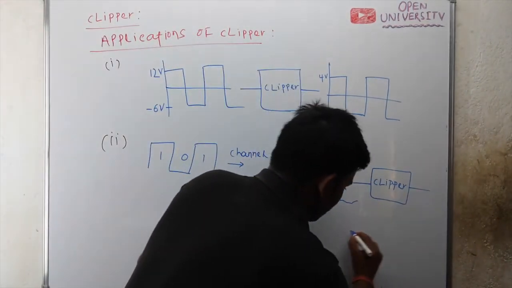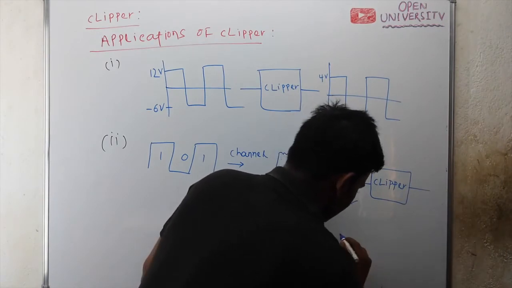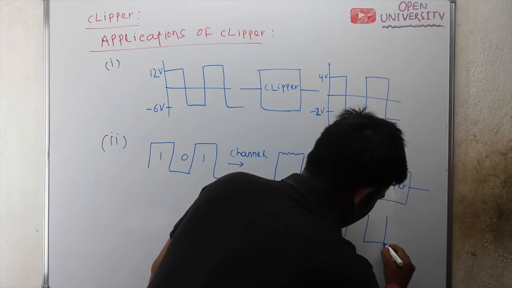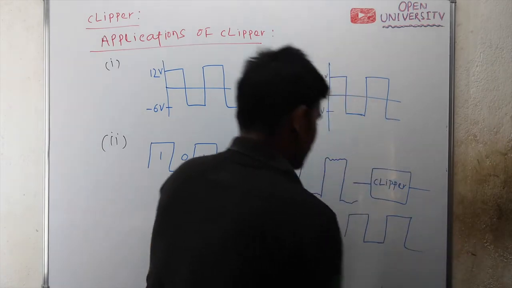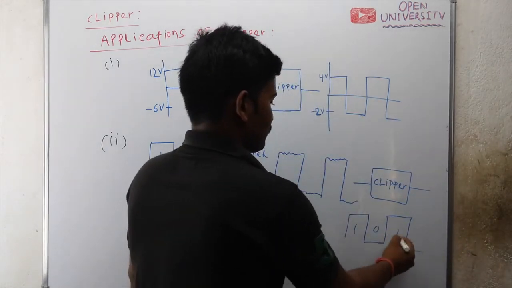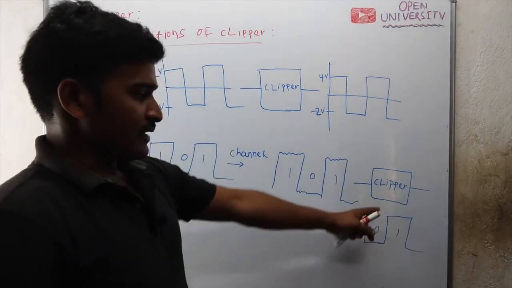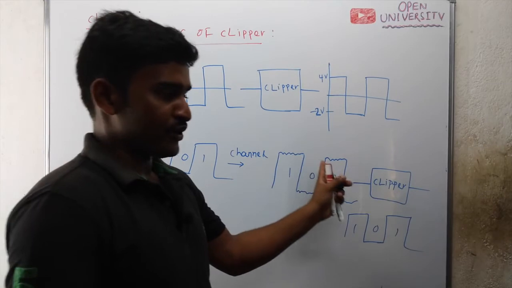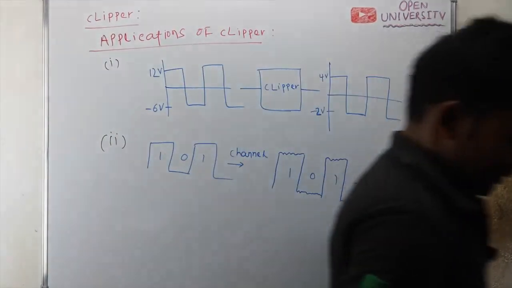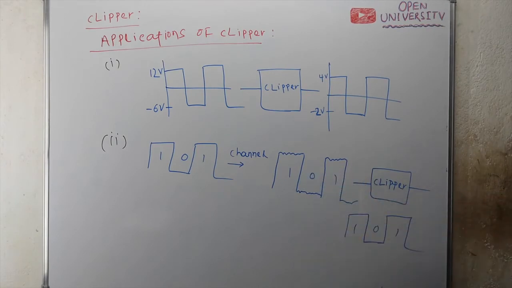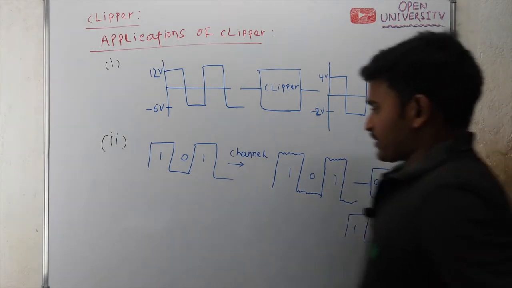So the output of the clipper will be something like this: 1 0 1 like this. So basically the clipper is removing the noise. That's why the second application of a clipper is to remove the noise in digital communication.